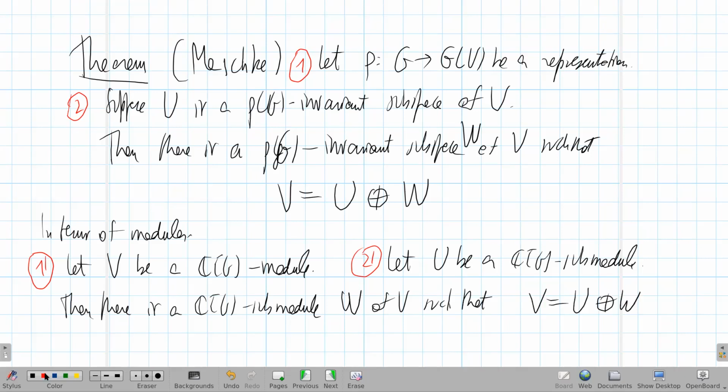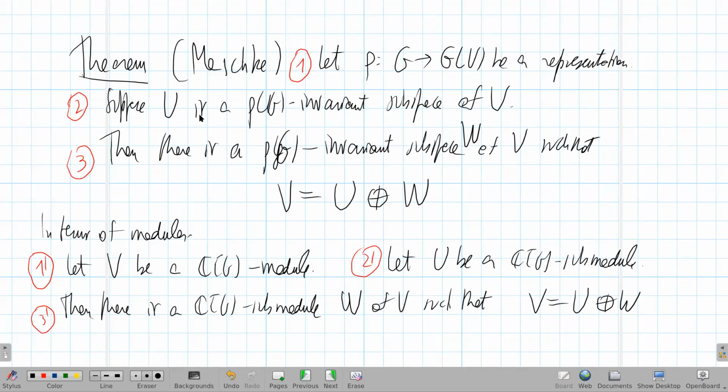And so if you call this 3, this will be 3 prime. So in a sense, this tells you that representations, CG modules, are not terribly different from vector spaces, okay? Because this, of course, holds in vector spaces.